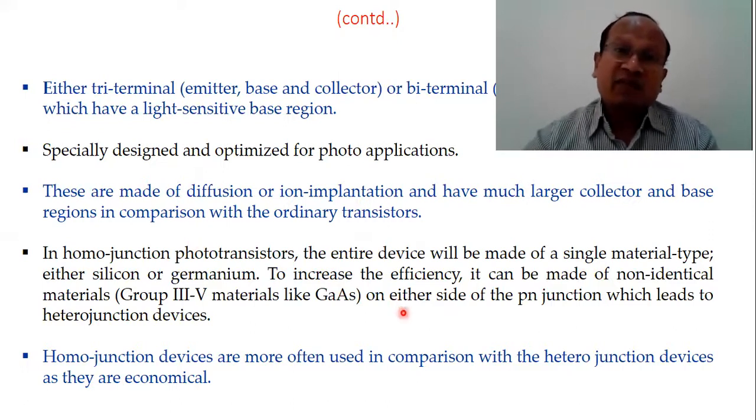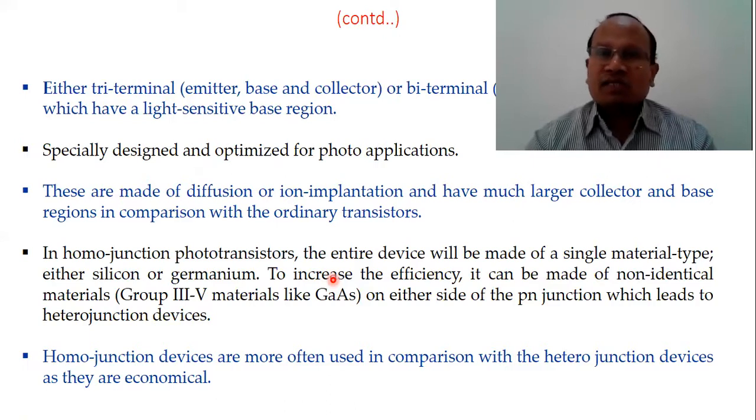To increase the efficiency, it can be made of non-identical materials. What do we mean by efficiency? For same amount of light intensity or optical power, current produced in the transistor is more.